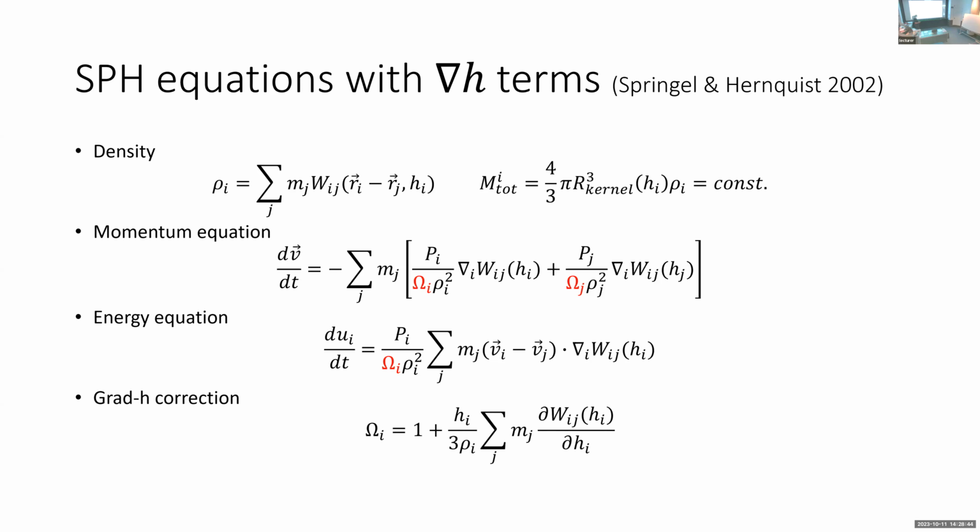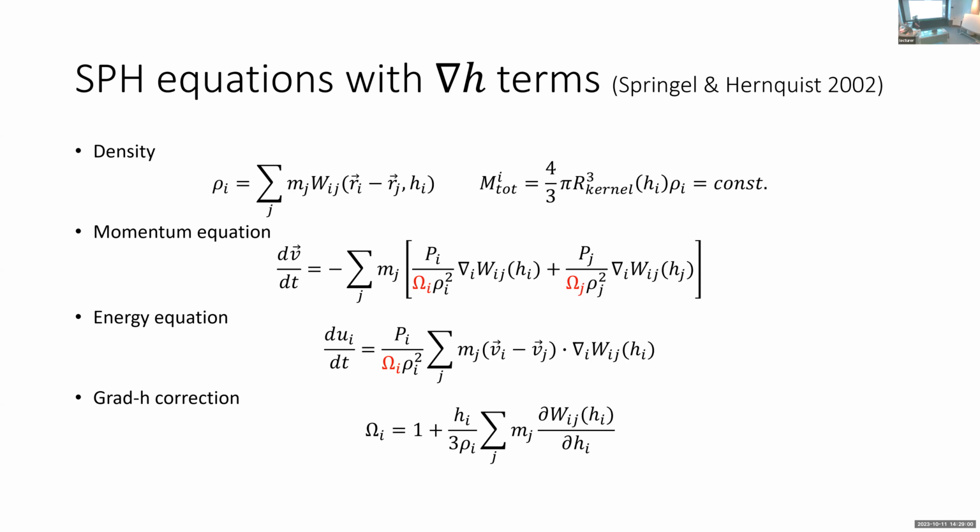So you need a correction, and this correction is this term here, which again contains the derivative of the kernel. And this correction then goes in at certain points.